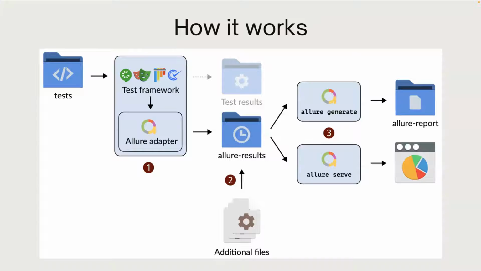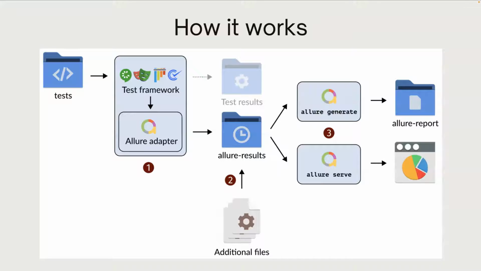And then the adapter, which is the Allure adapter, is different for each framework. It saves the test results in its own format in a folder which is known as the test results. Now we can also put files with additional data into this results directory. So we can add environment files, executor files, or history files, as you can see in this particular diagram.